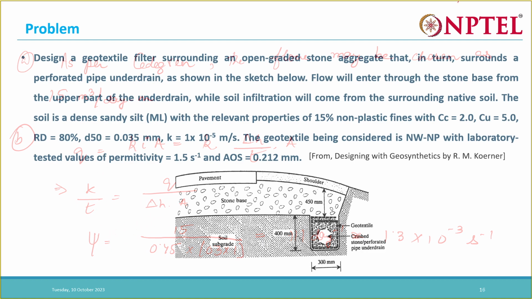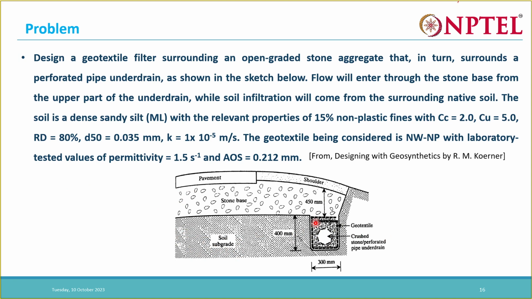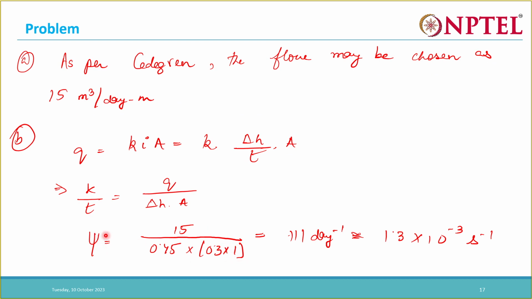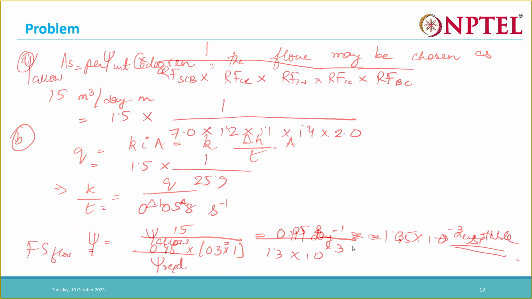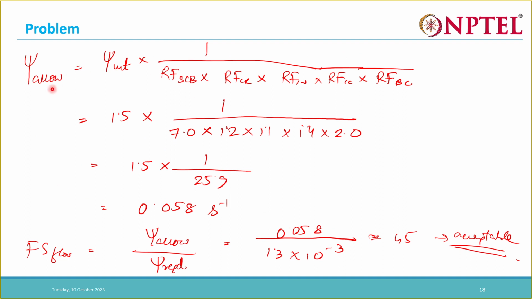The head is 0.45, and this is entering through this length, 300 mm, so the area is 0.3 into 1. So here we get the required permittivity. Then we find the allowable permittivity, and again similarly we find the factor of safety. We see that the factor of safety in flow is acceptable.